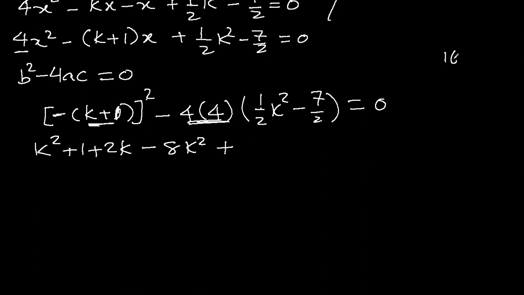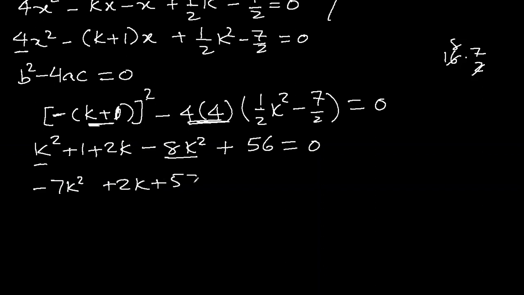So 16 times 7 over 2, 56, equal to 0. And in simpler form, it becomes k square minus 8k square, minus 7k square plus 2k plus 57 equal to 0. And now you can find k by using your calculator.